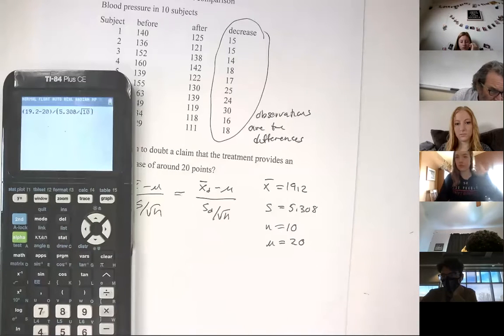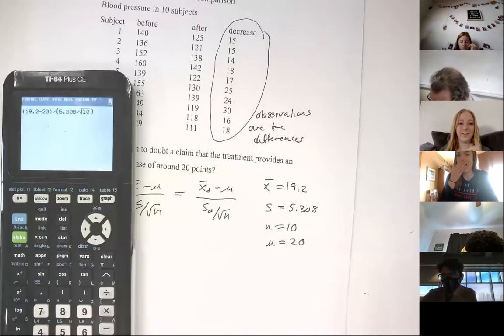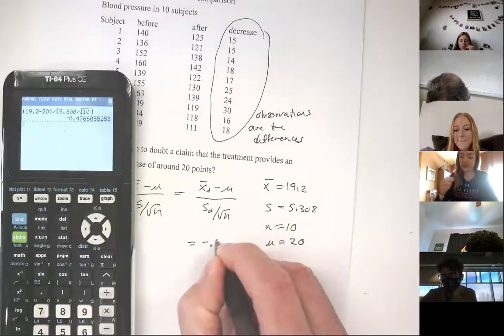Okay, so that's going to give us t. See what it comes out to be. Minus 0.4766.